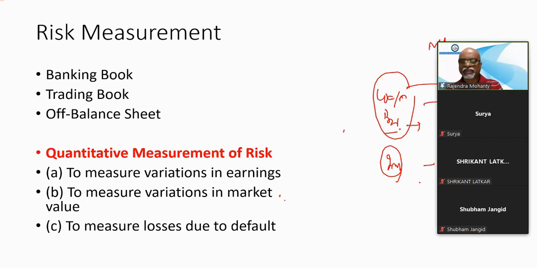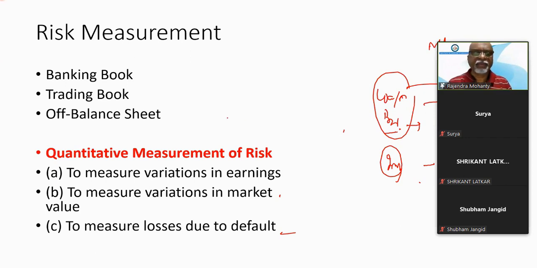So all three things are to be measured. Losses due to default can be easily measured, simply by knowing how much loan has been lost or what the loss on the investment is.